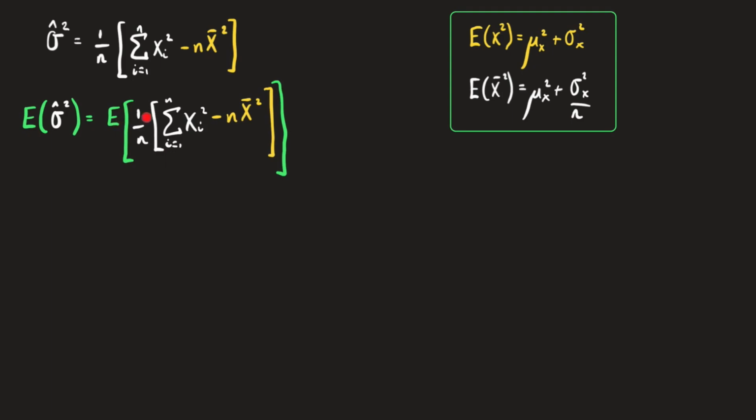Now, we're taking the expectation of a product, and we know that the expectation of any constant times by a random variable is that constant times by the expectation. So we can take this 1 over n outside of our expectation, giving us 1 over n times by the expectation of the sum from i equals 1 to n of xi squared minus n lots of x bar squared.